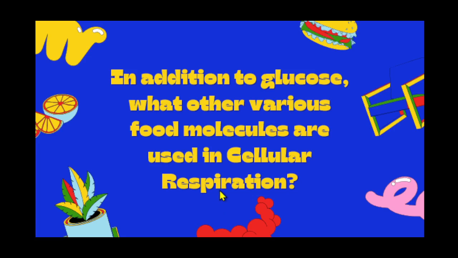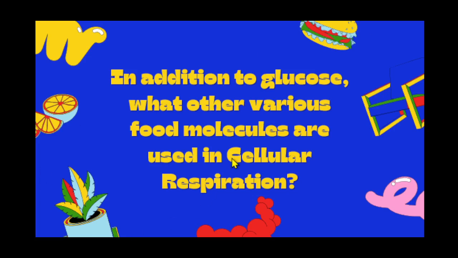In addition to glucose, what other various food molecules are used in cellular respiration? So, I have started this video lecture by showing you how glucose is split, right? So is that the only thing that is broken down? Is glucose the only thing that our body needs to create energy? The answer is no, because there are other food sources, right?